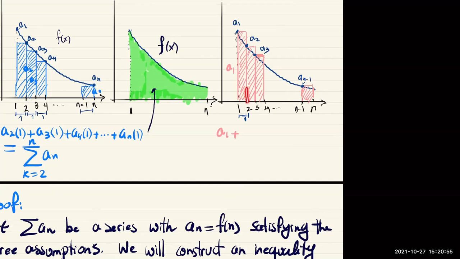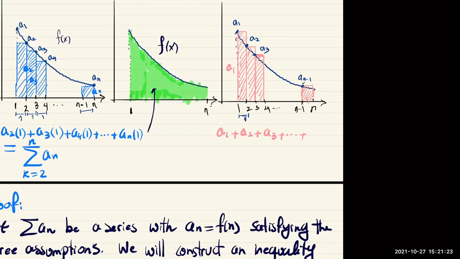The length of that rectangle is the second term of the sequence, A2, so we do A2 times 1. That gives us A2 plus A3, plus the area of the last rectangle, whose length is A sub n minus 1.